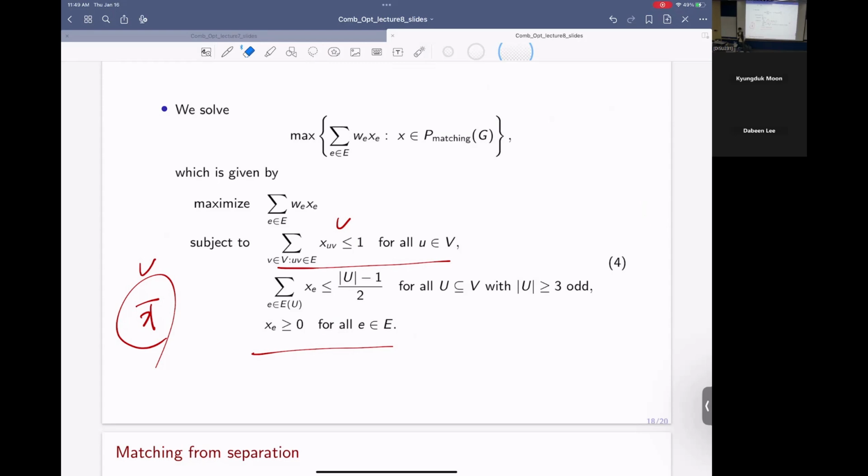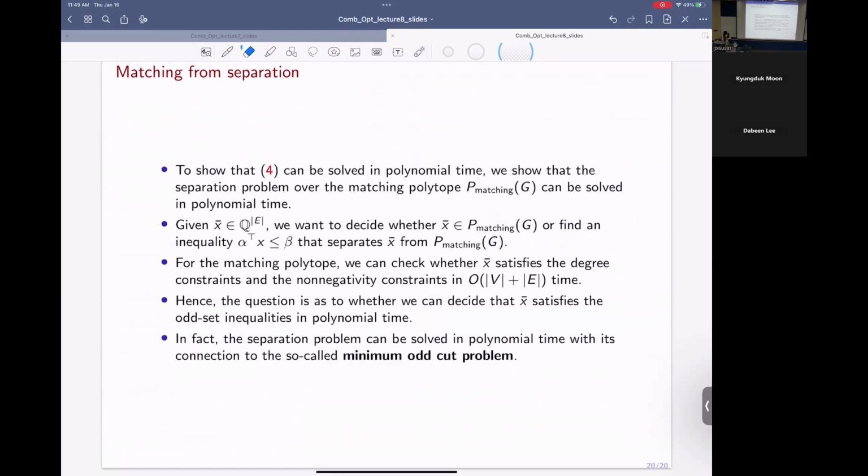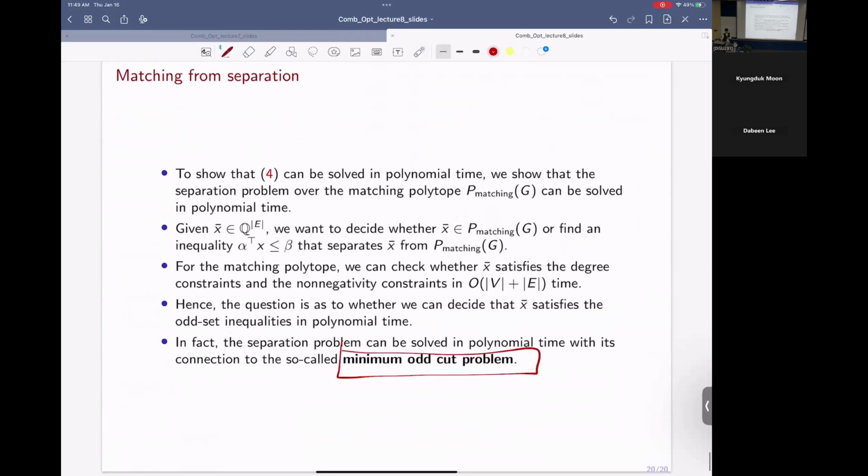Somehow you prove in polynomial time that all inequalities are satisfied. Then that means solving this linear program can be done in polynomial time, and that's done by something called the minimum odd cut problem.